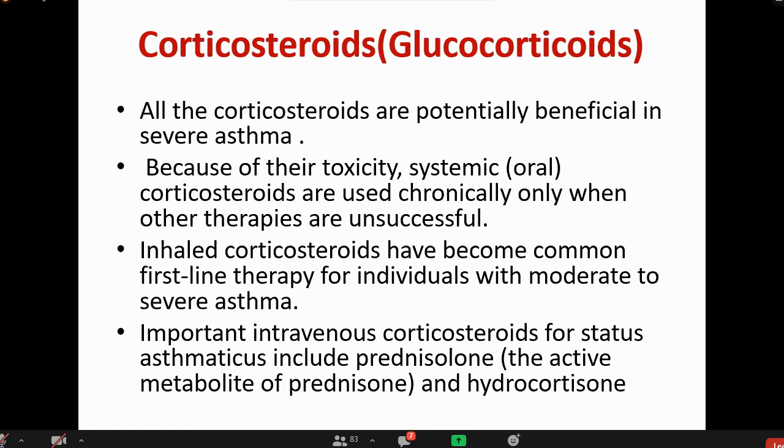There are increased chances of systemic side effects. So in the treatment of asthma, if anyone asks through which route we generally use the glucocorticoids, your answer would be by inhalational route.